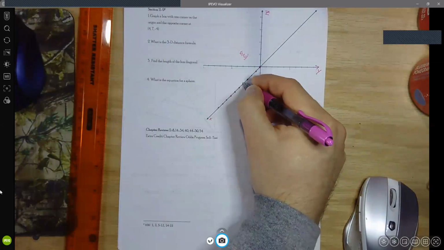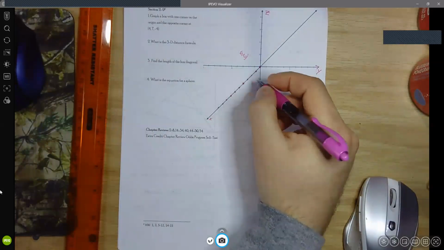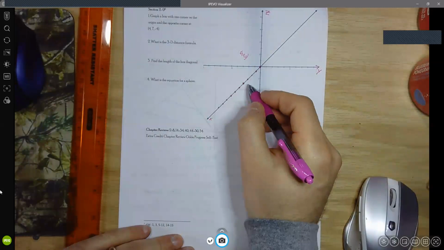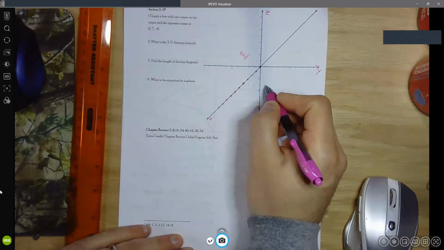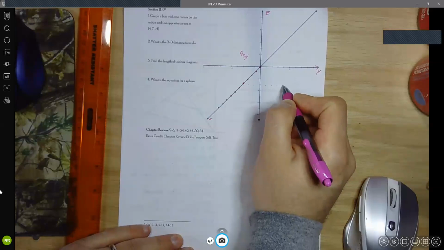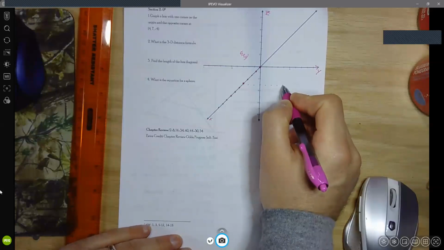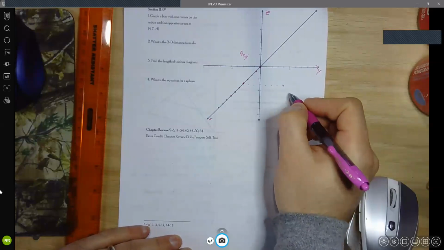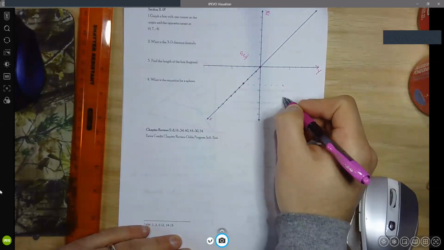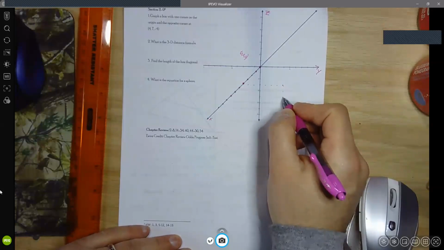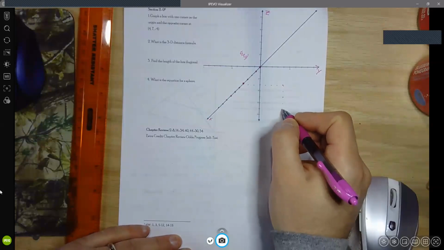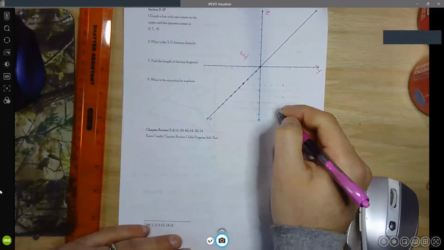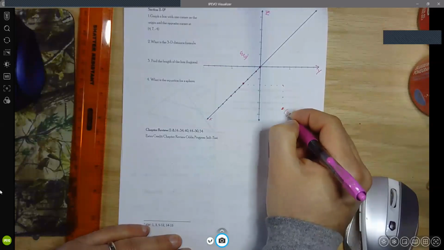And then from this point, we go 7 in the y, 1, 2, 3, 4, 5, 6, 7. And then from that point, you go 4 in the negative z direction. So from this point down, 1, 2, 3, 4. So here's the point 4, 7, -4.